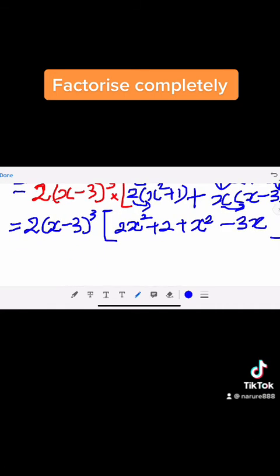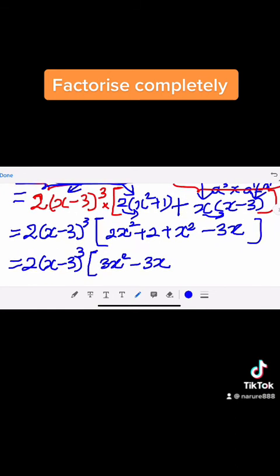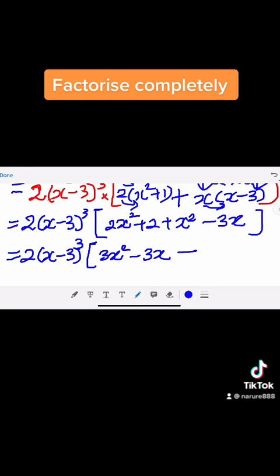So practice consistently, and then you will go fast. For your information, algebra skill is very important in the SPM exam. You must reach a certain level of algebra so that you can go fast and confident, alright? Double check 3x squared minus 3x plus 2.